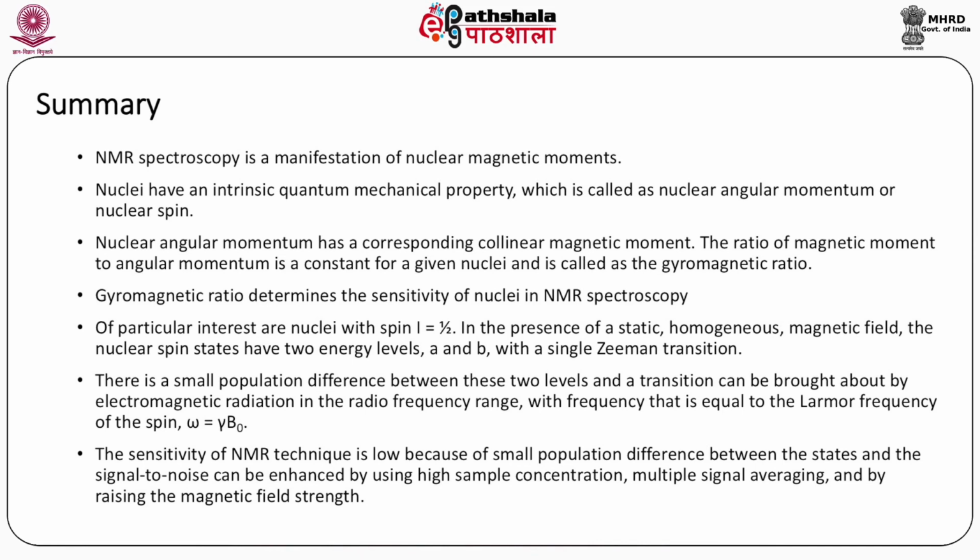There is a small population difference between these two levels, and a transition can be brought about by electromagnetic radiation in the radio frequency range with frequency that is equal to the Larmor frequency of the spin, omega equal to gamma B0. The sensitivity of NMR technique is low because of small population difference between the states, and the signal to noise can be enhanced by using high sample concentration, multiple signal averaging, and by raising the magnetic field strength. Thank you.